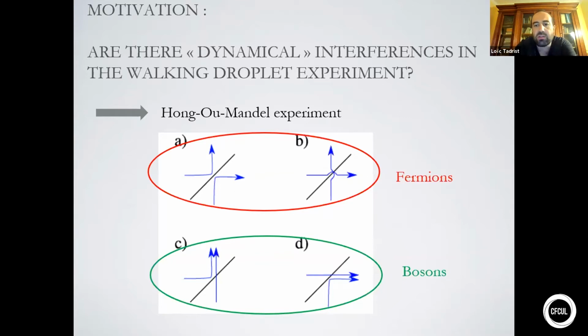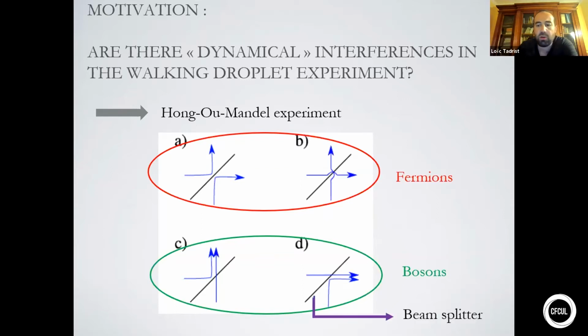So they are always on different sides of the beam splitter. And in the case of bosons, this is contrary, and both particles go together. So to make this experiment where there are interferences, we need a beam splitter that doesn't exist in the walking droplet experiment.